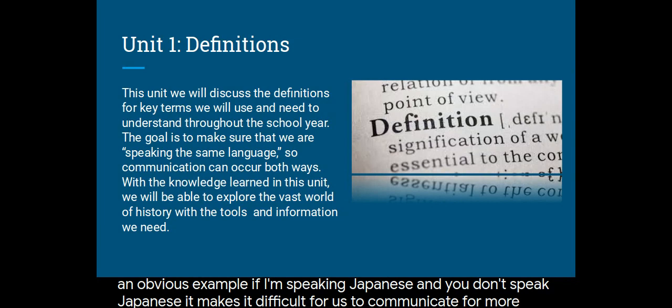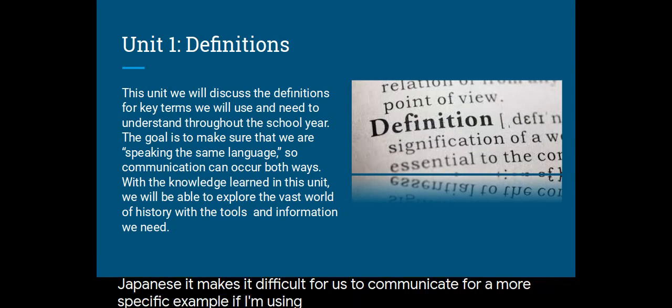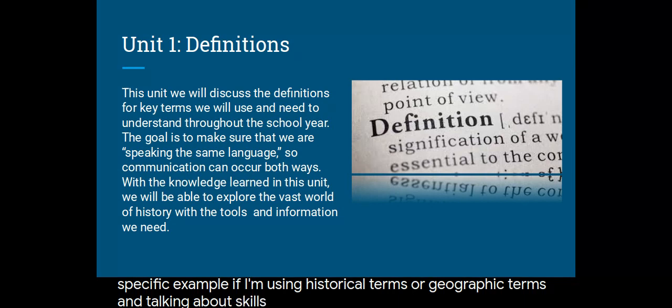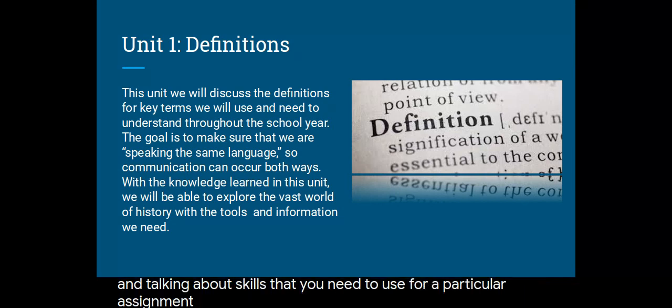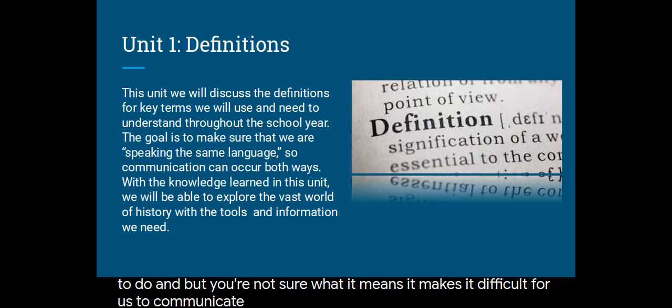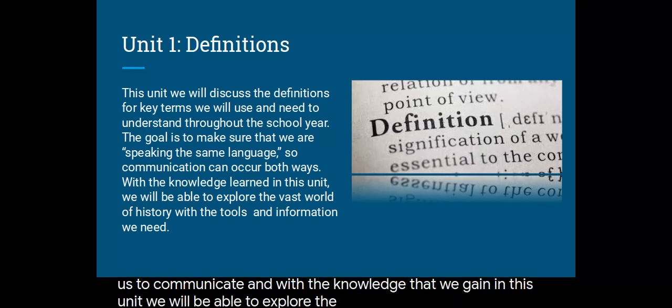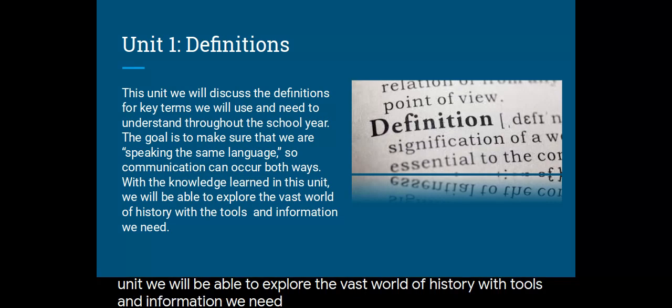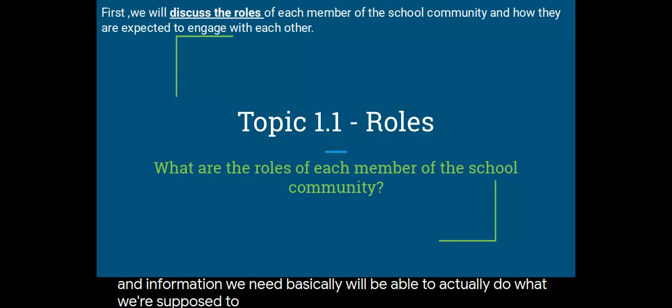For a more specific example, if I'm using historical terms or geographic terms and talking about skills that you need to use for a particular assignment or reading or any kind of learning that you have to do, but you're not sure what it means, it makes it difficult for us to communicate. With the knowledge that we gain in this unit, we'll be able to explore the vast world of history with tools and information we need. Basically, we'll be able to actually do what we're supposed to do throughout the year.